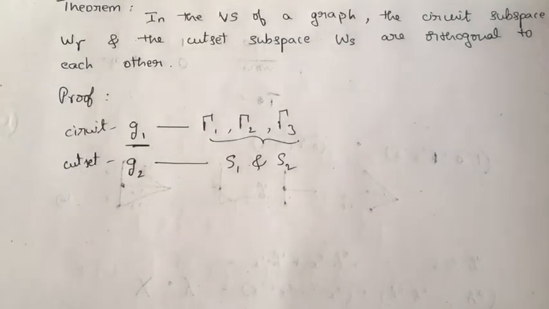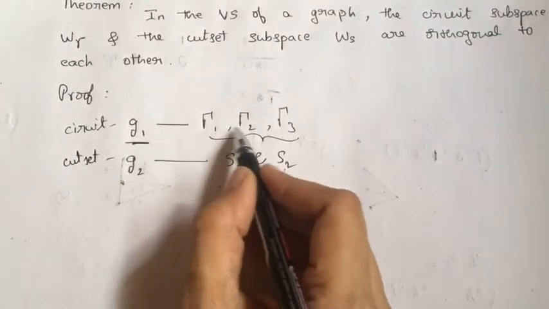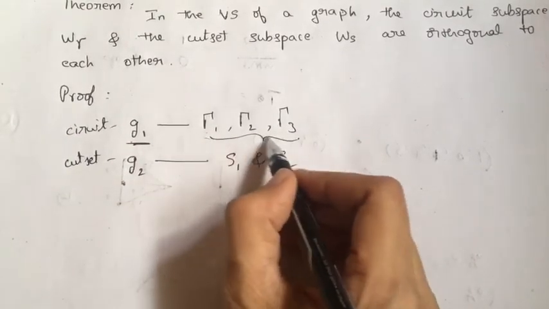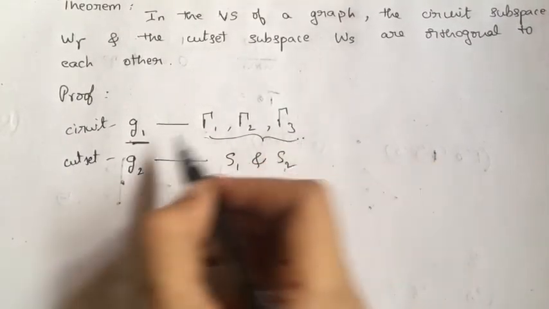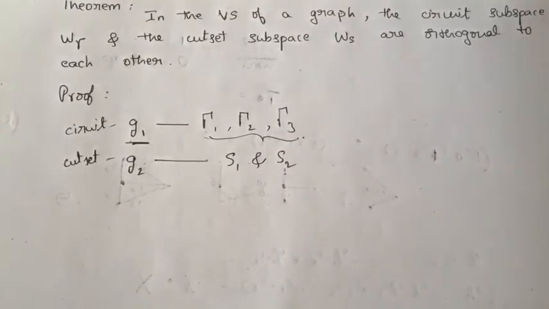So G1 is an edge disjoint union of circuits and G2 is an edge disjoint union of cut sets.